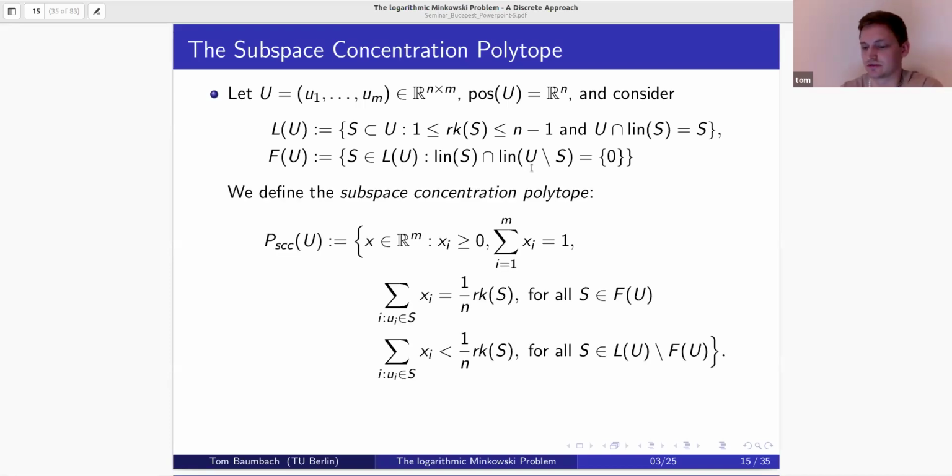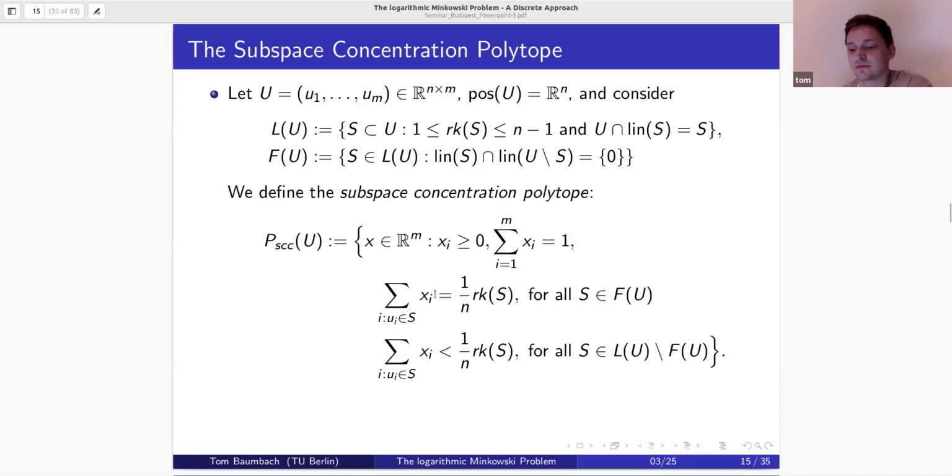Now we define the subspace concentration polytope, and here again we want to publish a paper about it, and now we decided to define it a little bit differently. We now want that the strict inequality case on the bottom is now less or equal and no longer strict, in order to really have a polytope. So, how it's defined, we consider all vectors x in R^m such that these are non-negative, they sum up to 1, so they should correspond to polytopes with volume equal to 1.